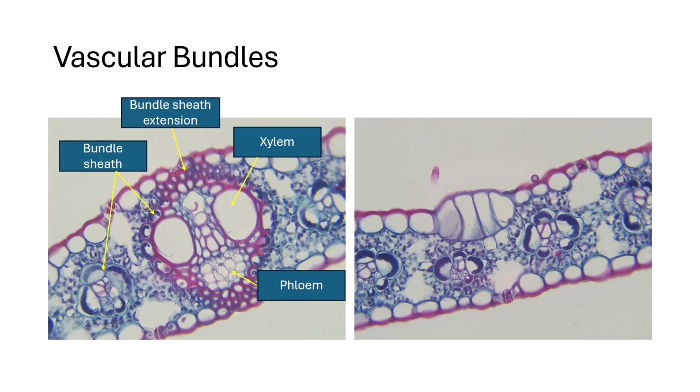The midrib will have a more pronounced bundle sheath due to its extension to the upper and lower surfaces. Each bundle is typically surrounded by sclerenchyma as well as parenchyma cells with a higher amount of chloroplasts, called Kranz anatomy, which allows for more efficient photosynthesis in C4 plants. You'll learn more about this in the photosynthesis section.